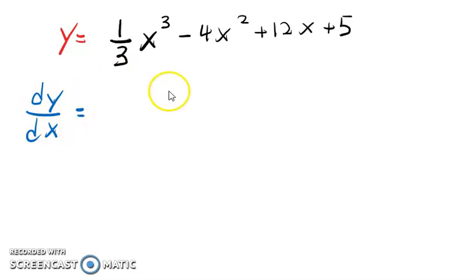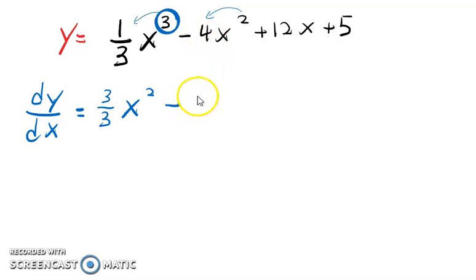So for the differentiation, this 3 we move in front, it becomes 3 over 3, and x minus 1 is a normal differentiation method. Here becomes 2, and the 2 multiplied by 4 becomes 8x.